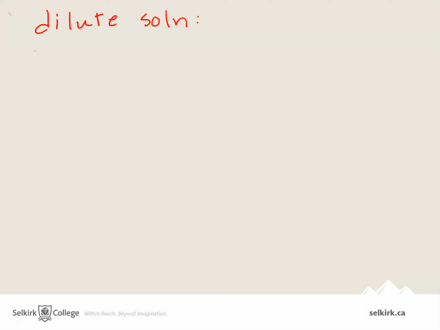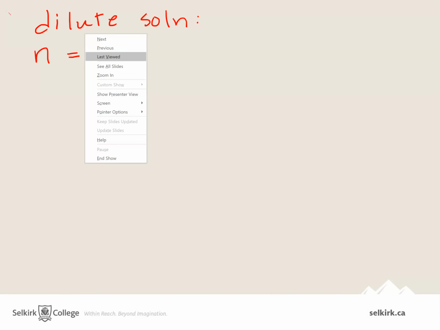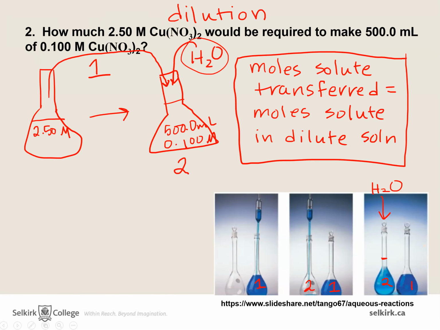I want to know how many moles of solute there are in the dilute solution. We had some copper(II) nitrate. We had, in this dilute solution, 500 milliliters of 0.1 molar.